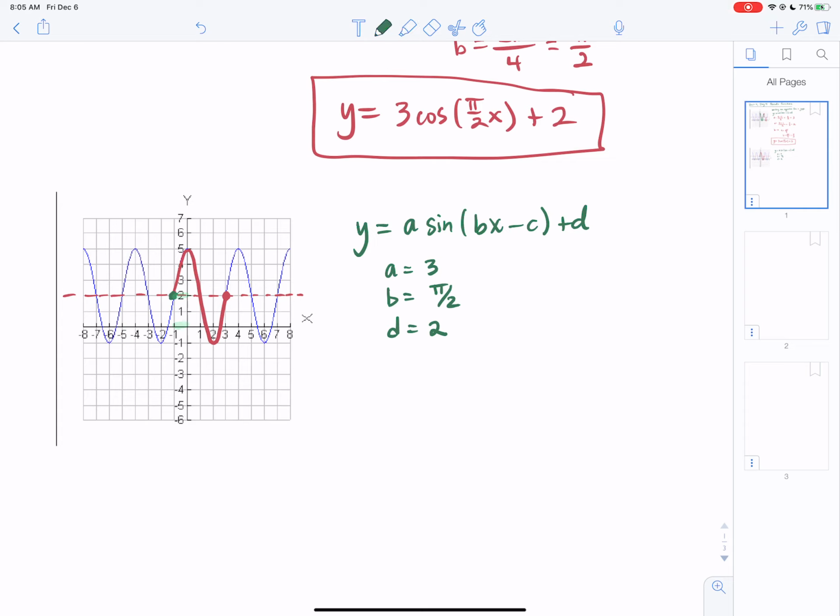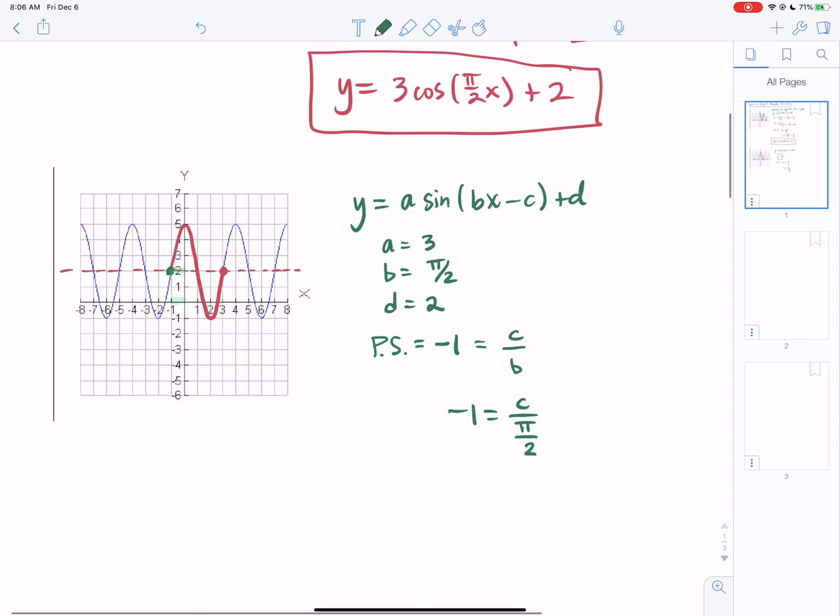And so you would set that, our left 1, equal to c over b, so opposite of c over b. We know that b is pi over 2, so negative 1 equals c over pi over 2, and you would solve for c. So we end up getting that c equals negative pi over 2.